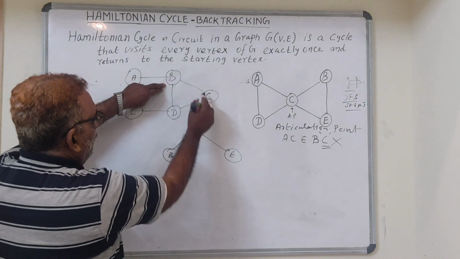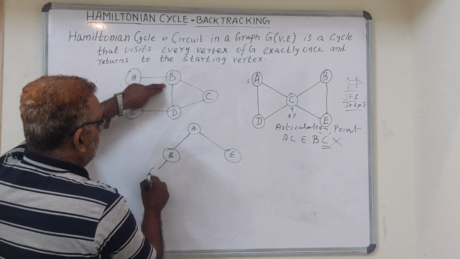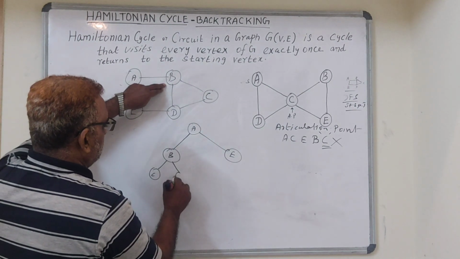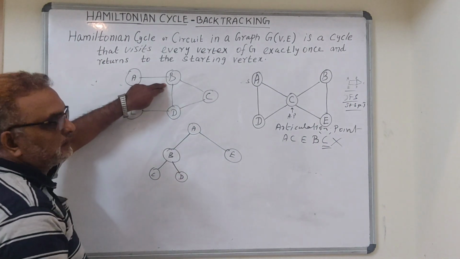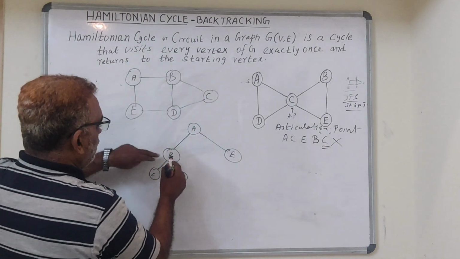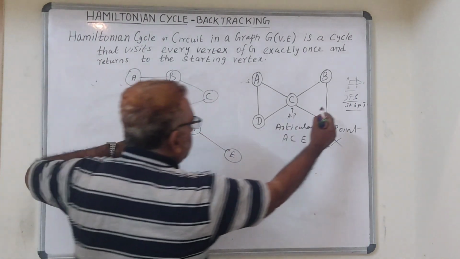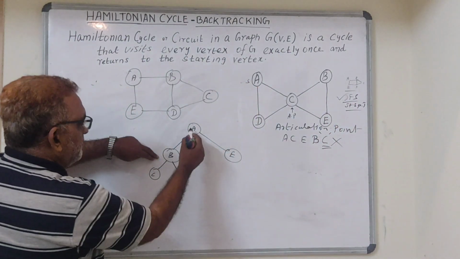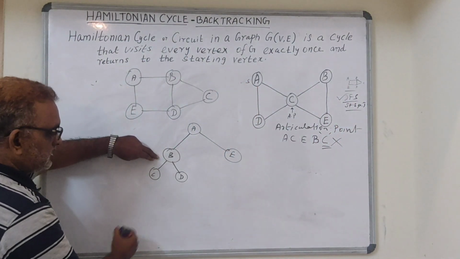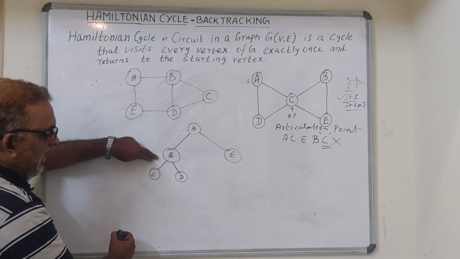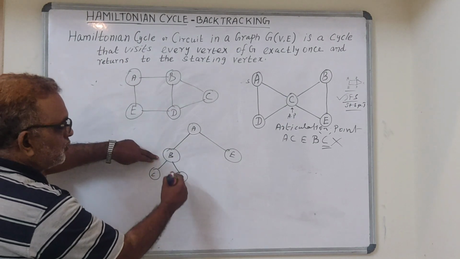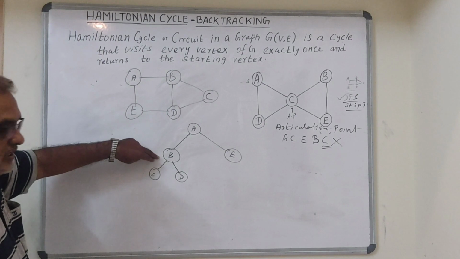One is C and another is D. Now we have to follow depth first search, so we have to finish the levels one up to the end, and only then go to the next branch.